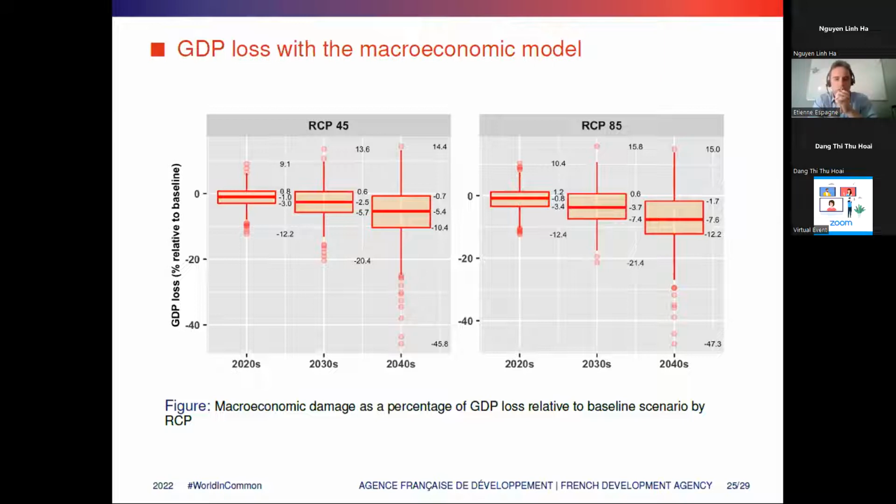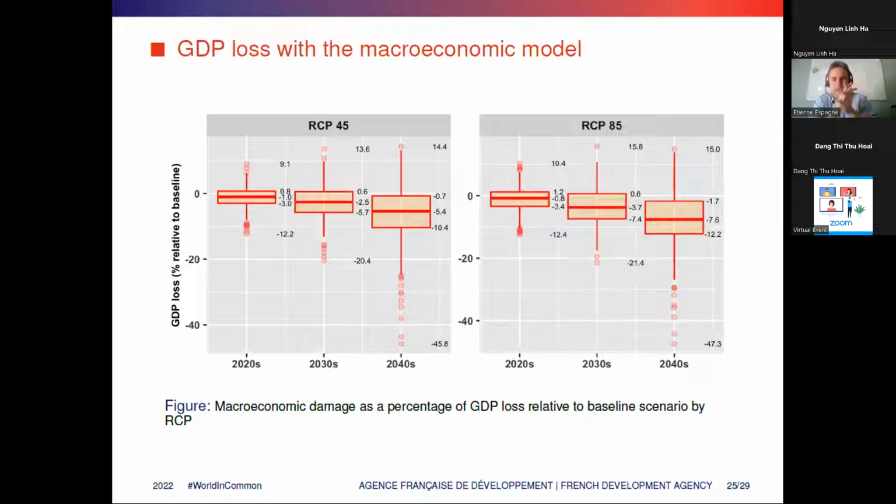Using all these different scenarios, there were a bit more than 30 of them for each RCP, we can assess, on average and with the uncertainty range, the macroeconomic loss. So in terms of GDP here, in 2020, because we just started the simulation in 2019, 2030, and 2040s.